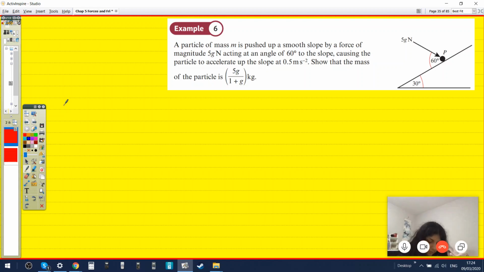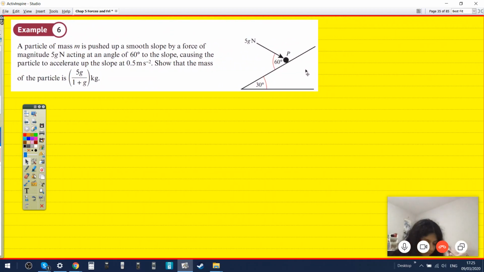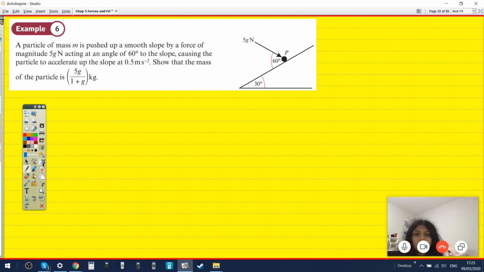And then that force, the 5g one, I'm trying to figure out how to do that one. Oh wait, it would just be 5g sine 60. That's going up the slope, is it?